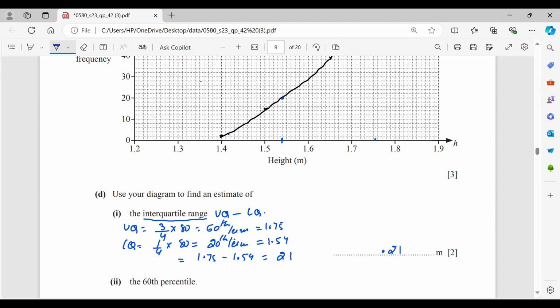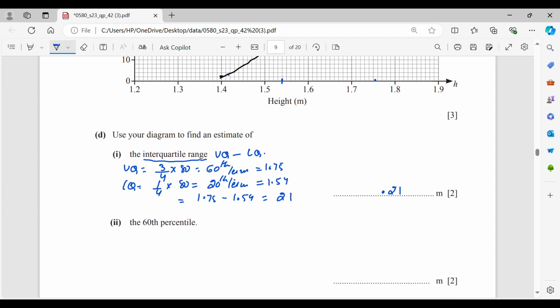Right? Next is the 60th percentile. So the 60th percentile means 60 by 100 of 80. This is equal to 48. The 48th term will be our 60th percentile.